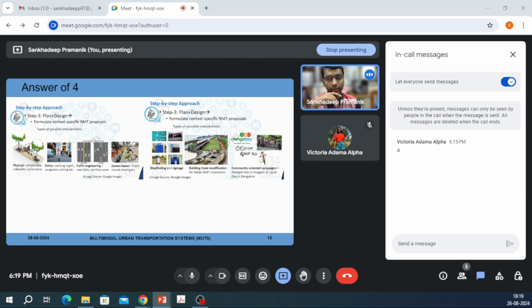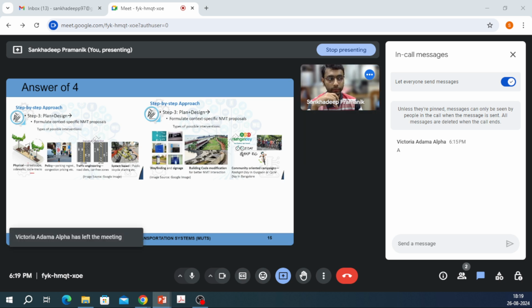So physical is streetscape or sidewalk, cycle tracks. These kind of interventions are physical. Then policy is like congestion pricing, like for a particular time when the congestion is occurring, people may have to pay some extra money as a toll to enter a particular congested area, or for parking they have to pay some money.